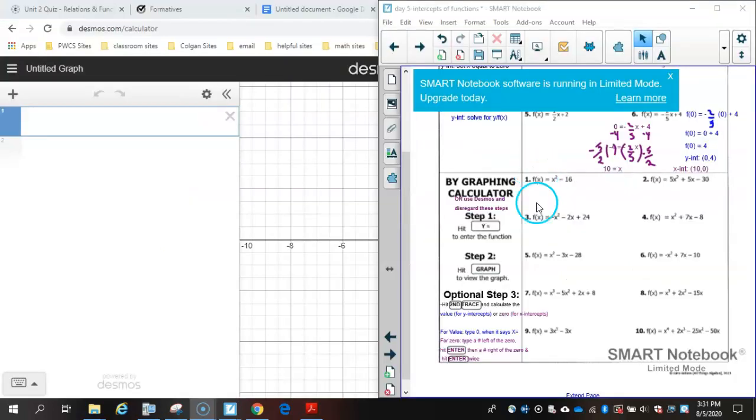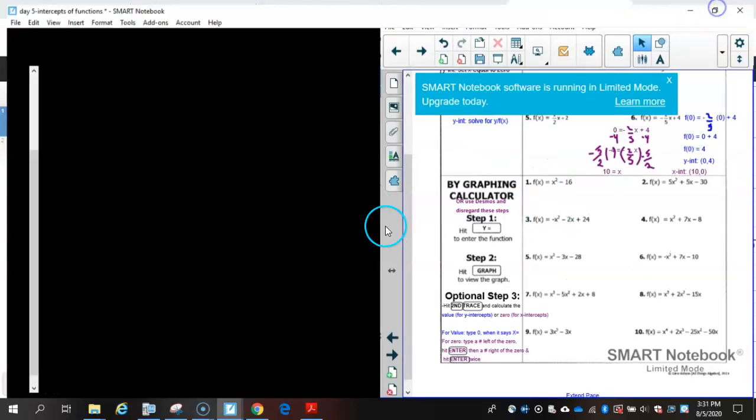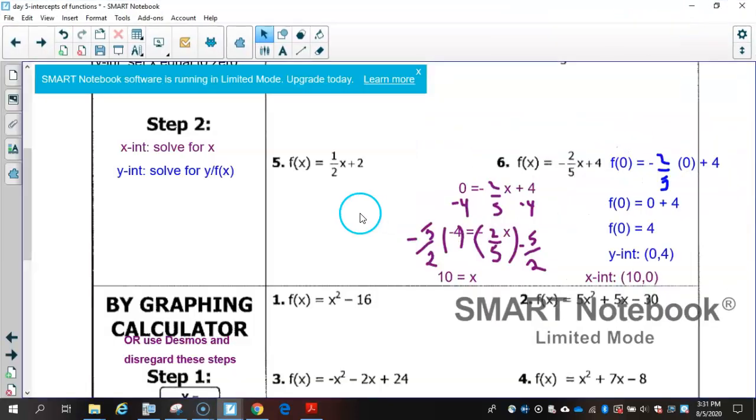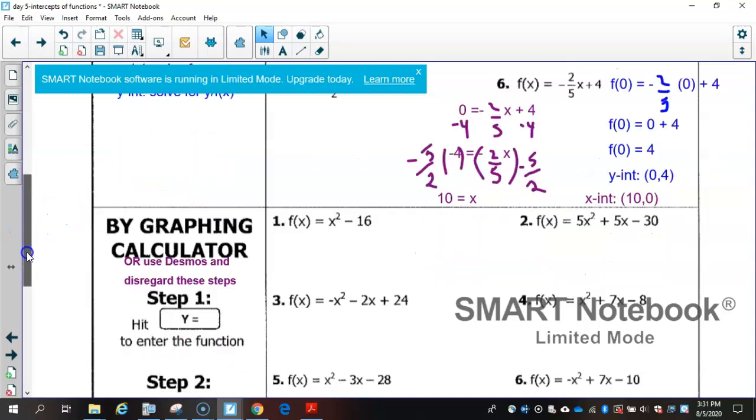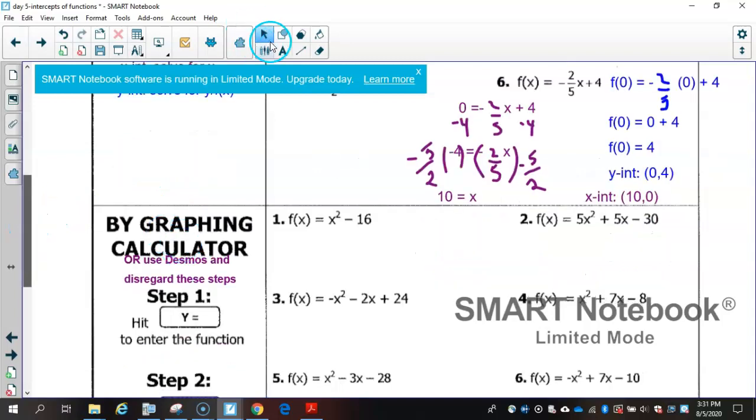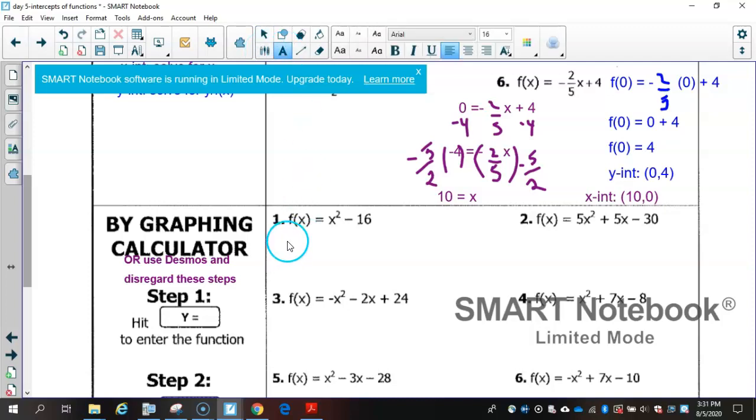I'm going to go ahead and write those answers down before I go ahead and do it in Desmos. So I wrote zeros instead of x-intercept, but remember that's the same thing.